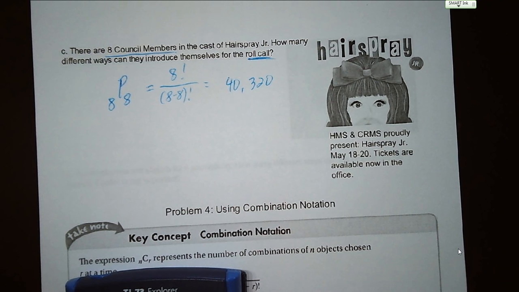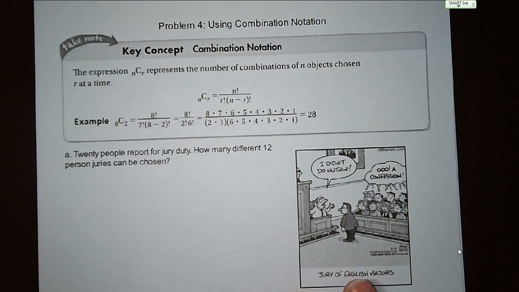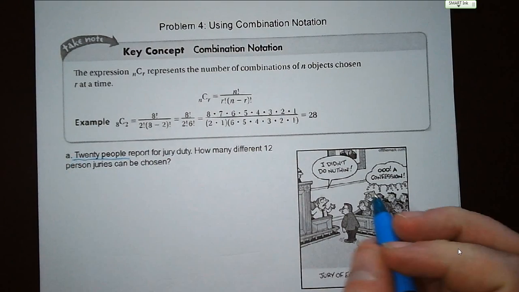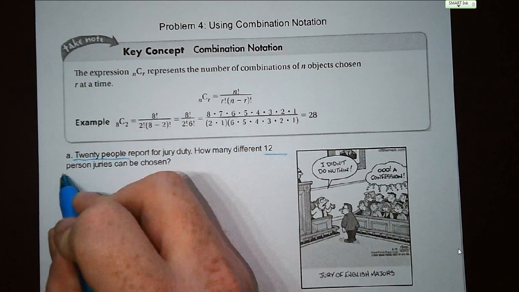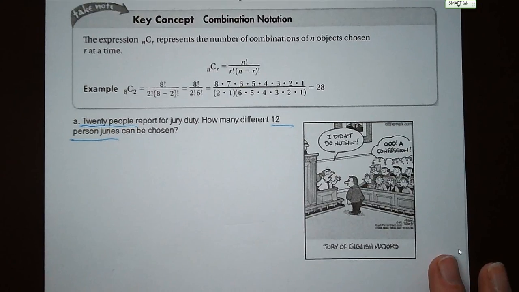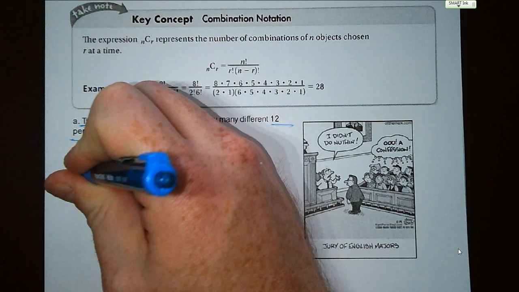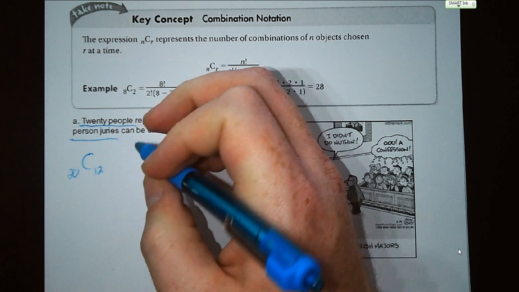All right, so problem 4, using combination notation. This is when the order of the choices doesn't matter. So we're choosing 20 people for jury duty. How many different 12-person juries can be chosen? Well, it doesn't matter whether you're juror 1 or juror 12. You just need 12 people. So we've got the combination of 20 total jurors in the pool. We're only picking 12 of them.